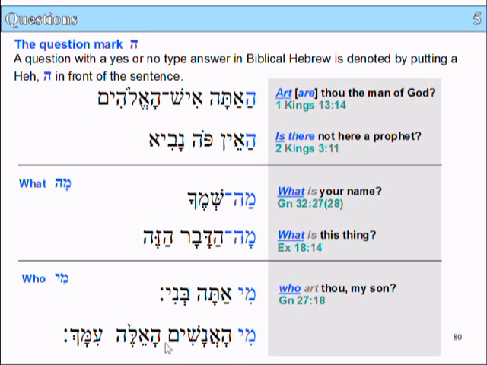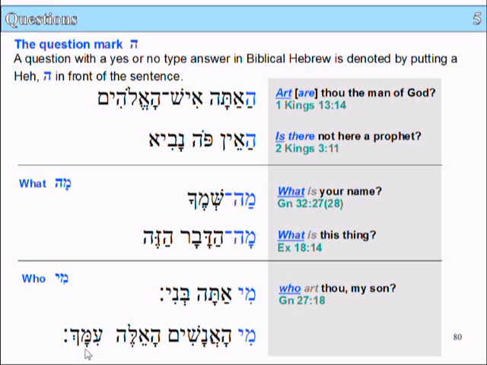Mi ha'anashim ha'alei imach. If you want to know more about alei, that's in the previous lesson. Mi means who, ha'anashim means the men, these. Who are the men these? Imach, with you.